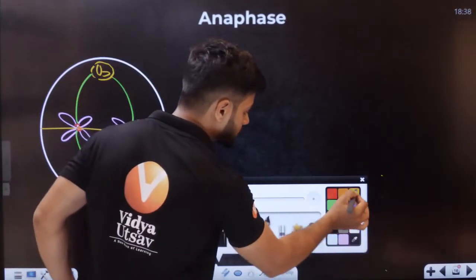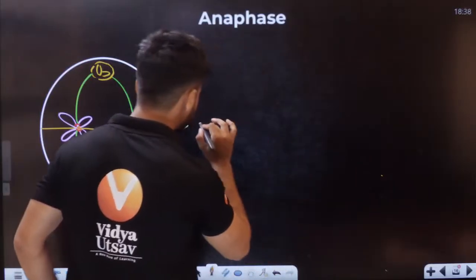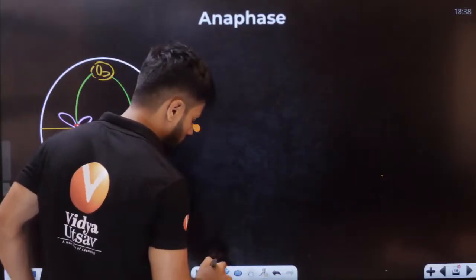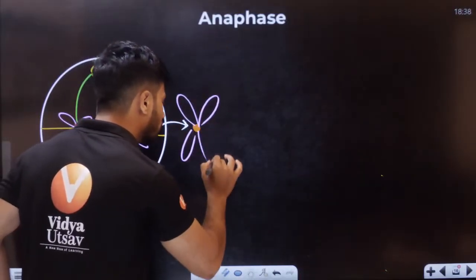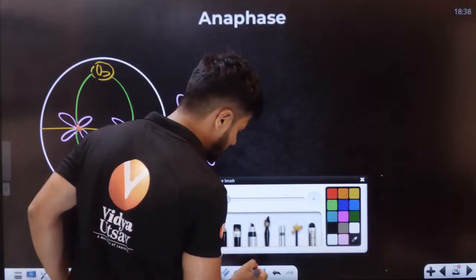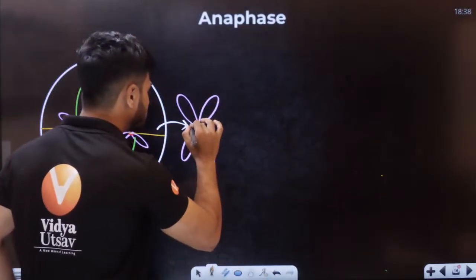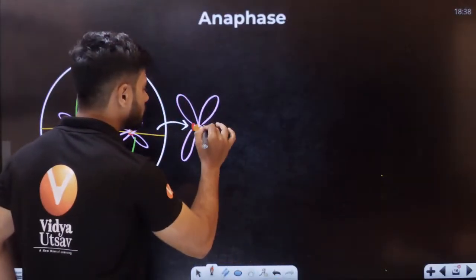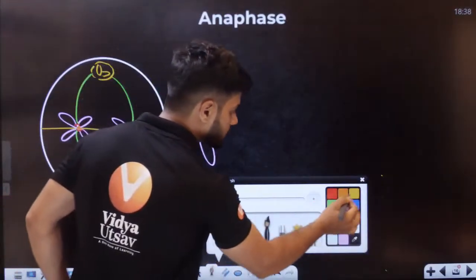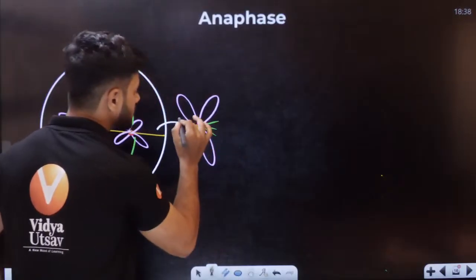All of you understand better. Can I tell, students, this is your chromosome right now? Here we have the kinetochore. Here we have the spindle fibers.